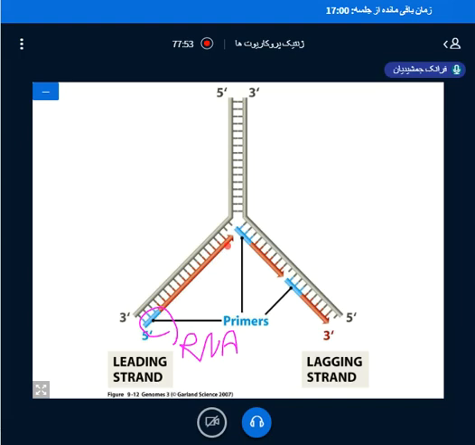I told you the direction of DNA replication at the beginning of the session. I told you the direction of replication is from 5 prime to 3 prime. Yes, Mr. Haydar, 5 to 3. So, DNA is anti-parallel.